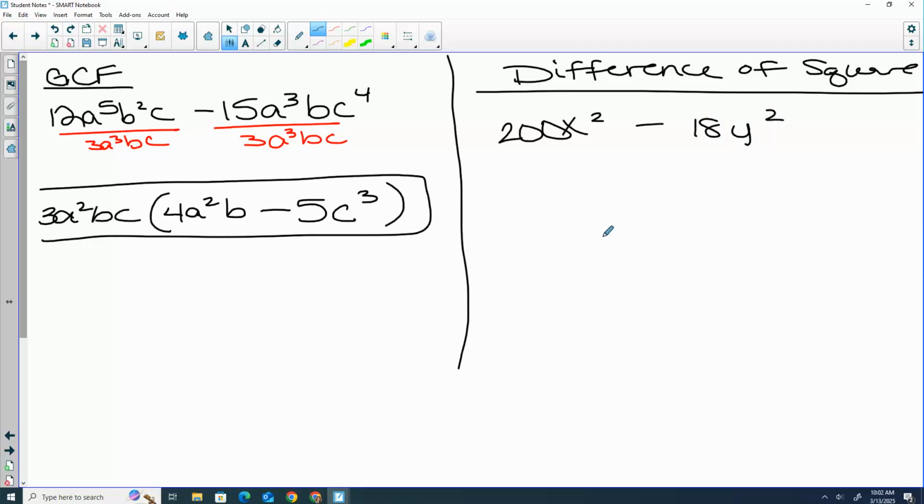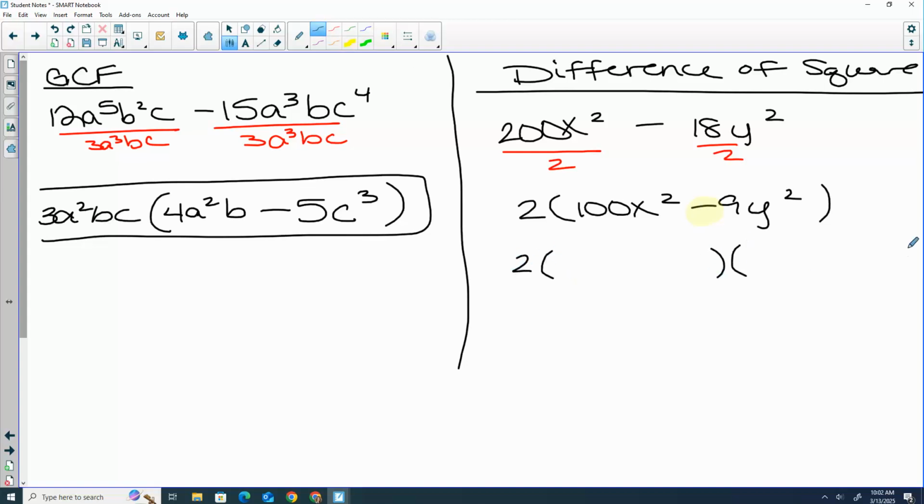First of all, what do you notice about those two things? We can take out a 2 because we always look for greatest common factor first. If I take out that 2, then I have 100x squared minus 9y squared. Difference of squares means it has to be a subtraction and they're both perfect squares.